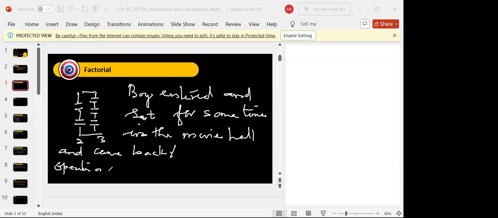Independent in the sense that the operation at the entrance was completed in 2 ways, and the operation at the exit was completed in 3 ways. So it will be 2 plus 3, which is equal to 5. This is the important factor. When they are independent of each other, we use the addition method.